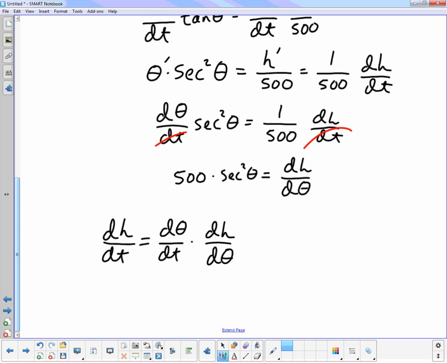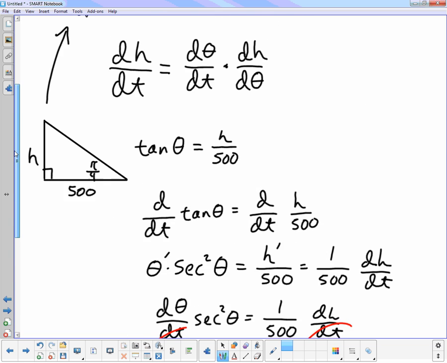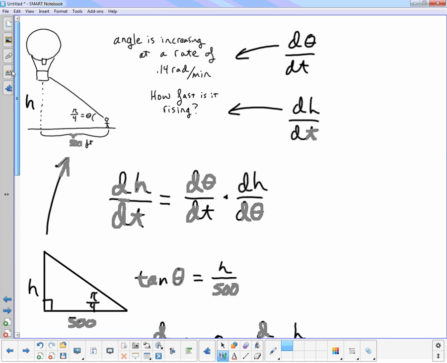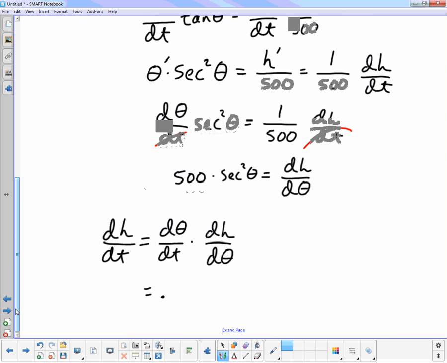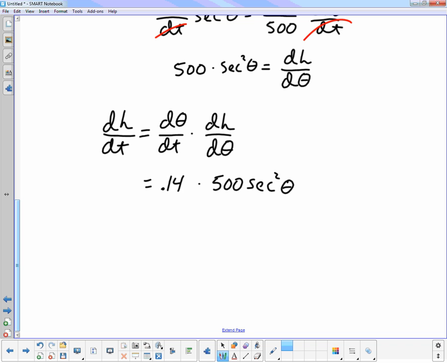So this is what I had a moment before. And d theta/dt, we have 0.14 radians per minute. And dh/d theta is 500 secant squared of theta. So this is 0.14 times 500 secant squared of theta. And the theta that I have is pi over 4.